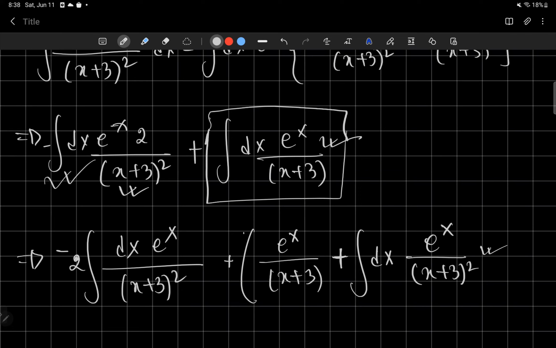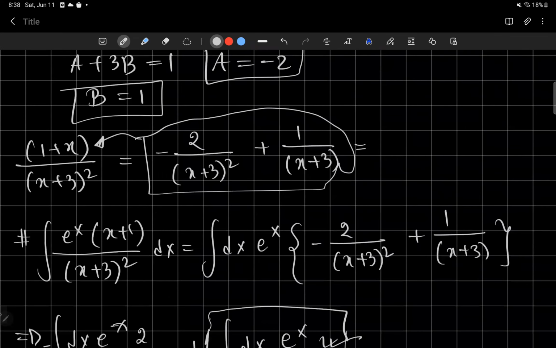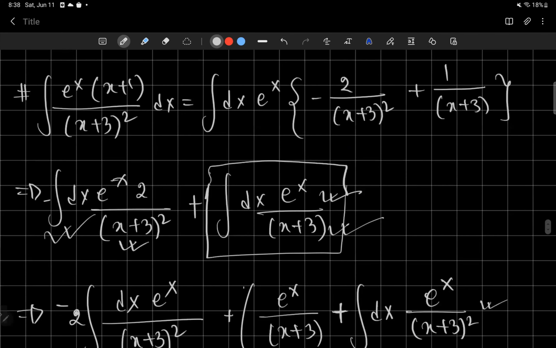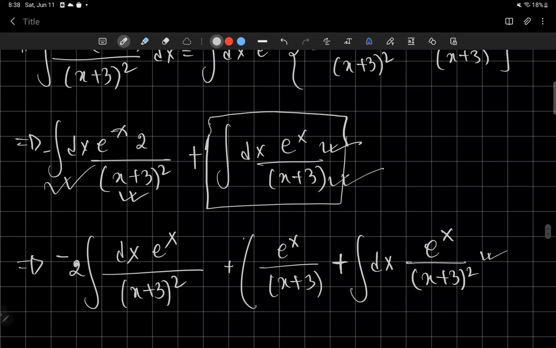No? Again, please. So you are now integrating by parts, right? When you integrate things by parts, you pick up one of the functions, you integrate it, leave the other one alone, and then you put a minus sign, and then you differentiate the function that you first left intact. In this case, we are first integrating e to the x, and we are leaving 1 upon x plus 3 alone.